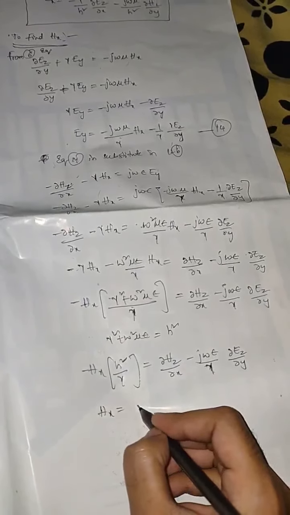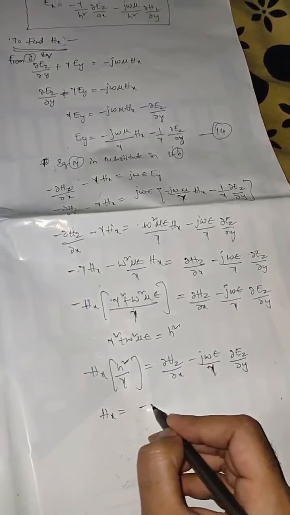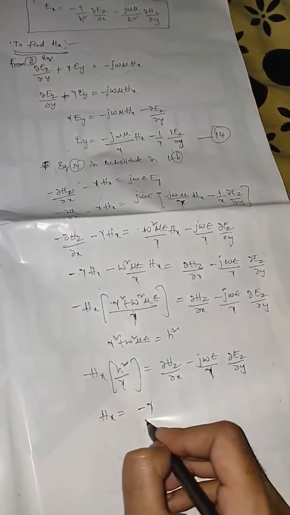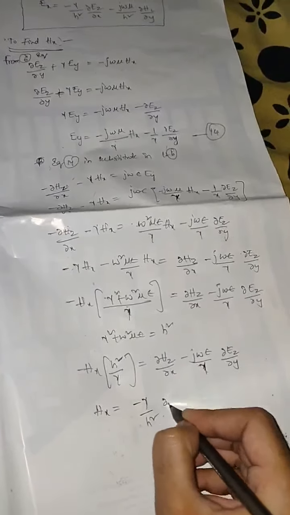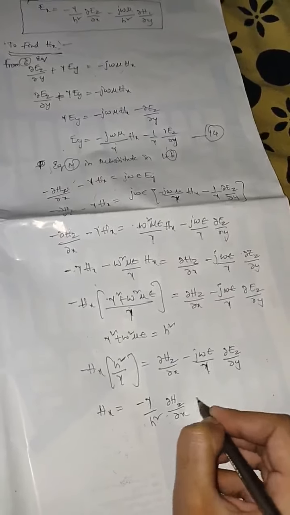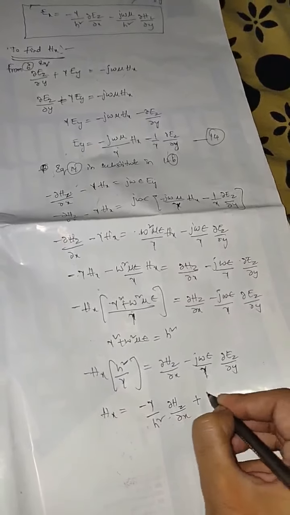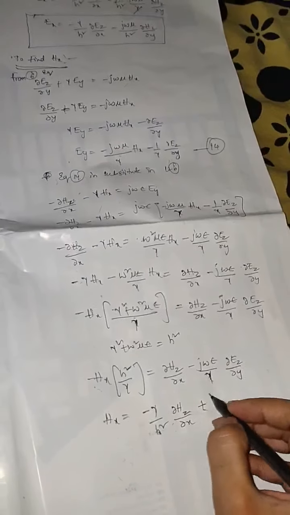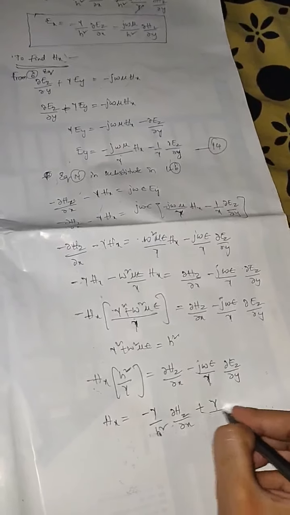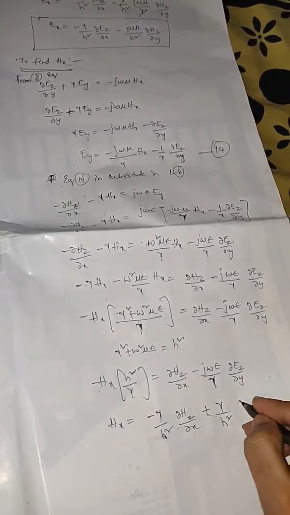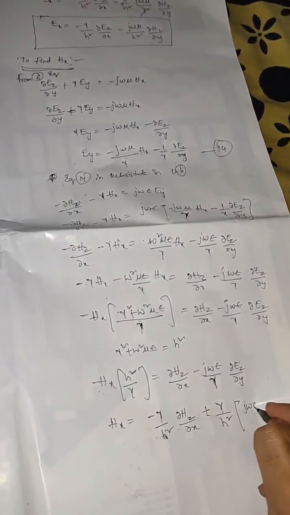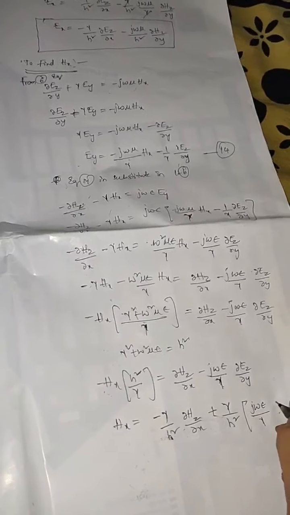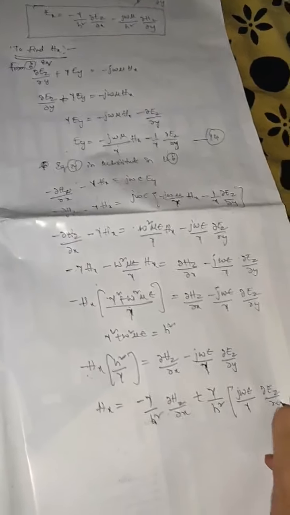So we'll get minus γ/h² ∂Hz/∂x plus, so this minus is multiplied here so that it will come as a plus. So plus γ/h² multiplied with jωε/γ ∂Ez/∂y.